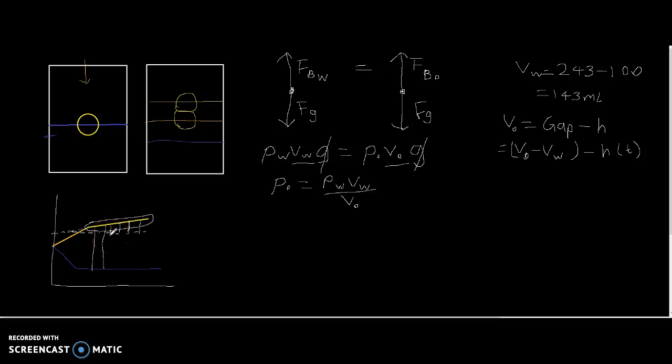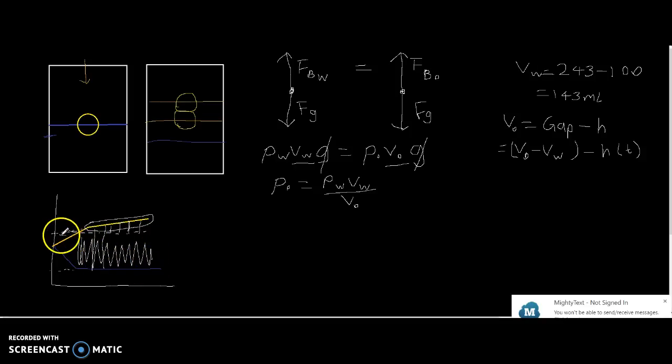Since we're looking at the final state, where the level of water does not change and the oil is increasing at a steady rate, we can conclude that the volume of the oil displaced is simply equal to this region between these two dotted lines.